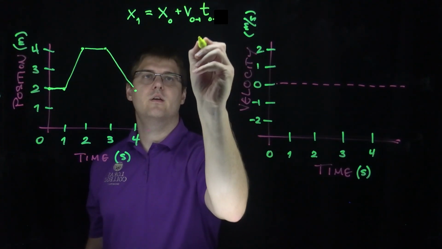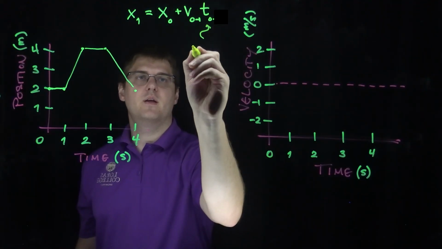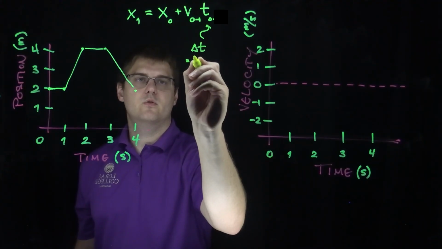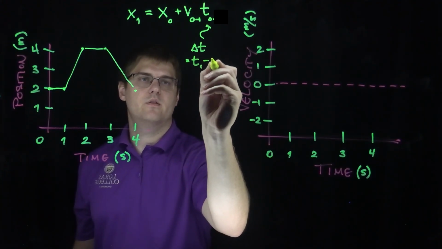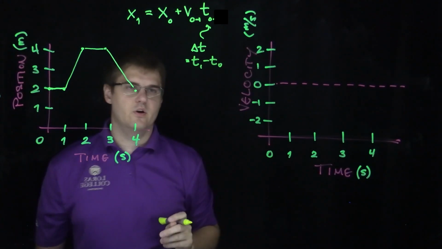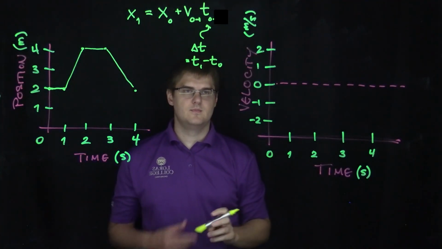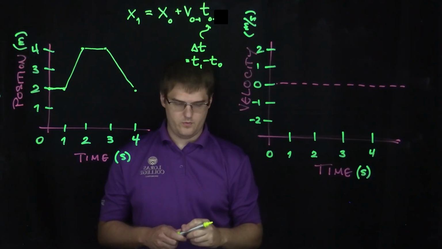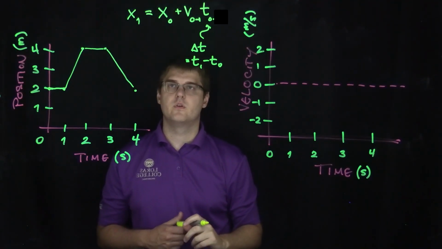I can write this as delta t, which is equal to t1 minus t0. Perfect. With that, we can start filling in these numbers.